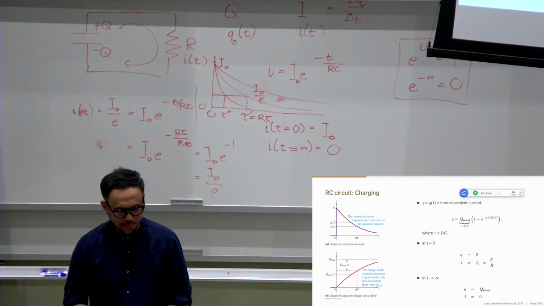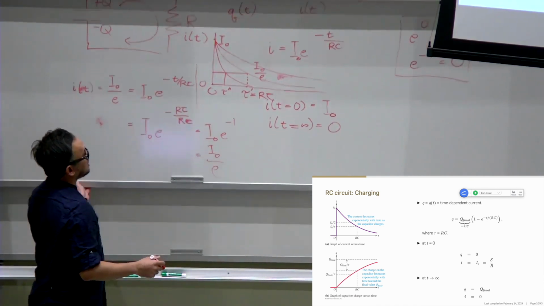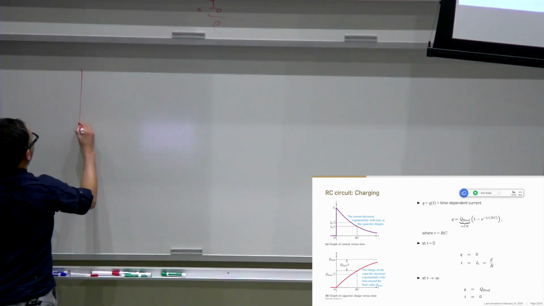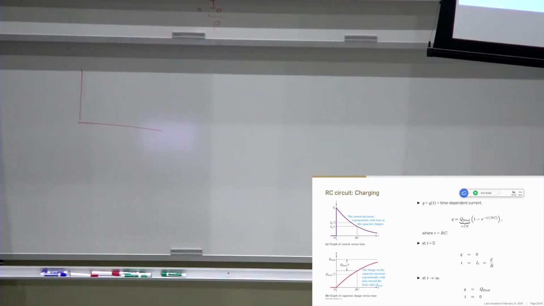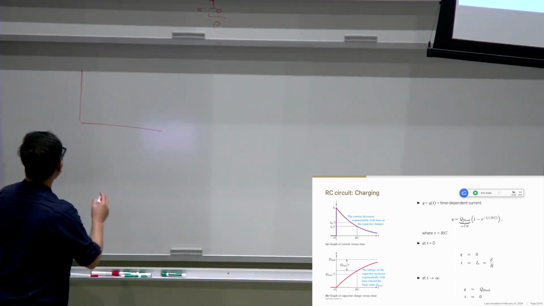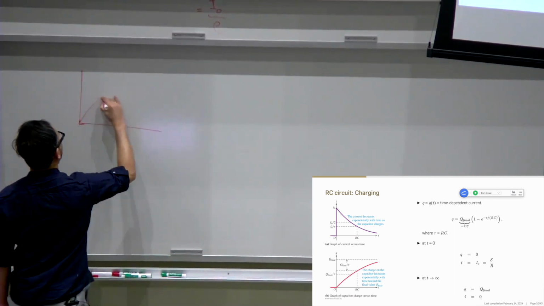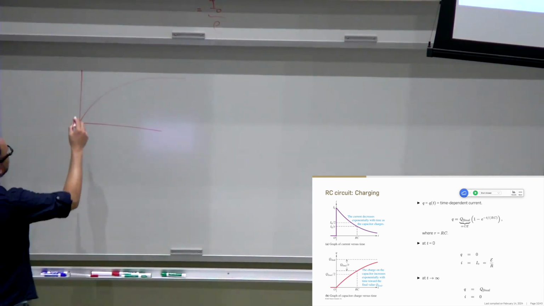And then the rest are basically similar. If you charge an RC circuit, when you charge, let's say when you fill water to the water tower, you start with an empty water tower or empty charge, and then it will approach maximum capacity.